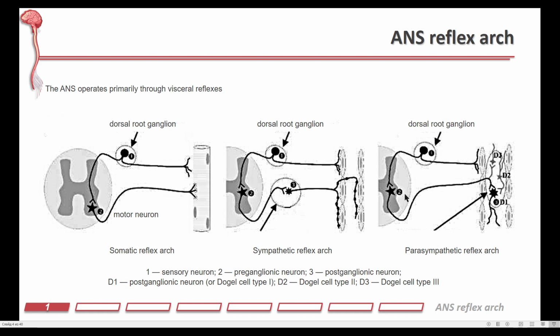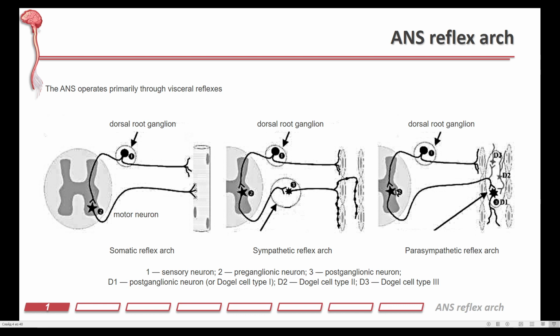This is the autonomic neuron, the so-called preganglionic neuron. This preganglionic neuron gives rise to preganglionic fibers, which synapse on the next neuron in the ganglion. In case of sympathetic, it might be paravertebral ganglia, which gives rise to postganglionic fibers.